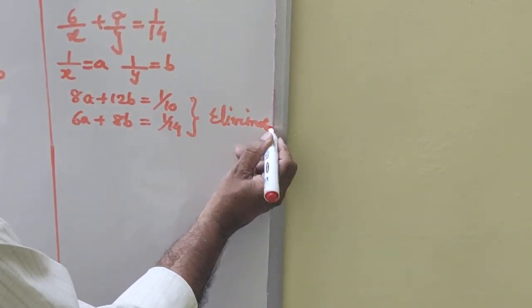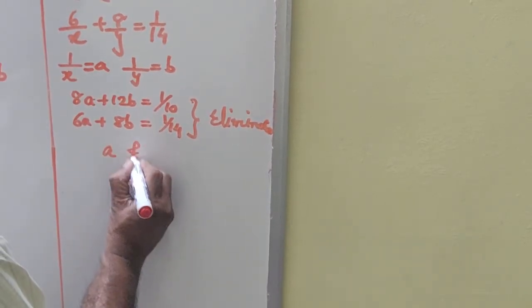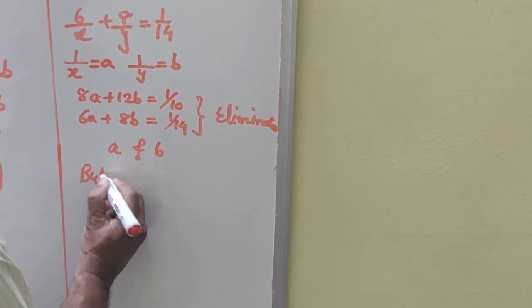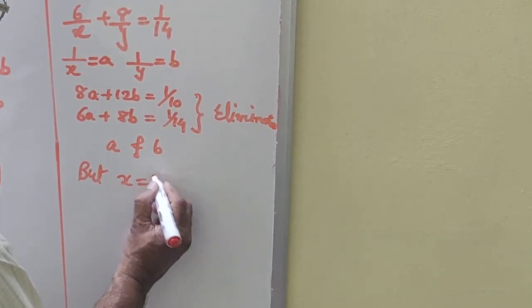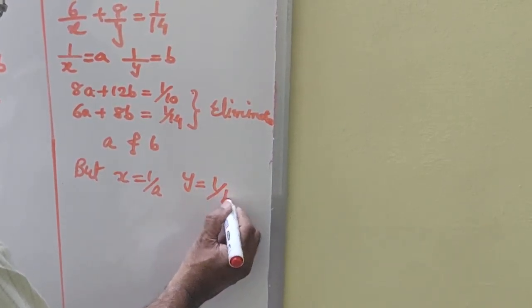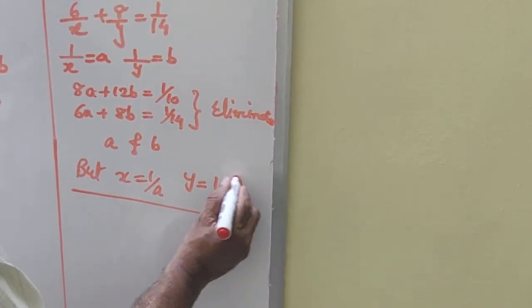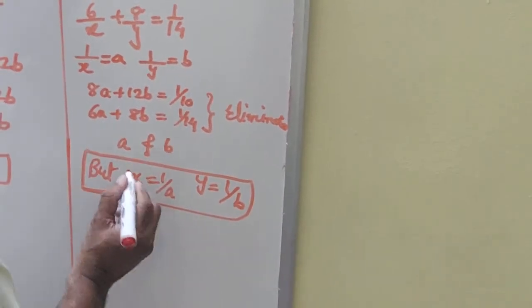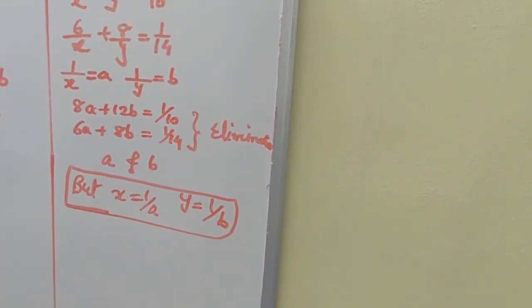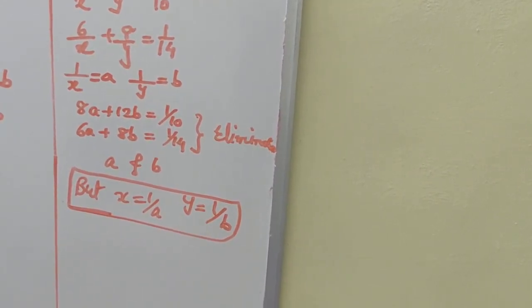You will get the values of a and b. Then you have to apply x is equal to 1 upon a and y is equal to 1 upon b. Try this problem to find the answer. These are very important sums for the school examination and board examination.